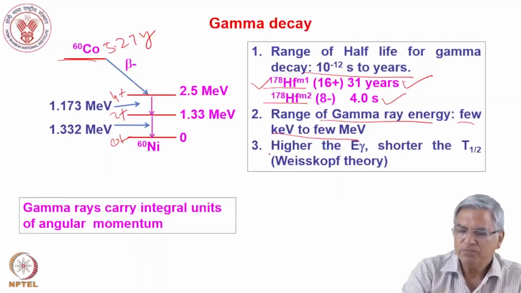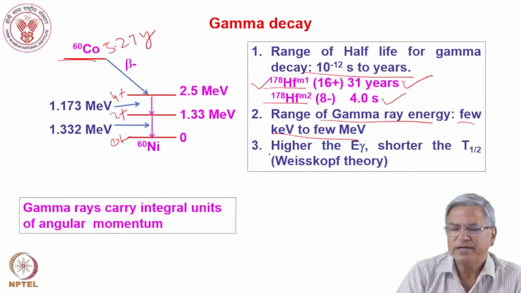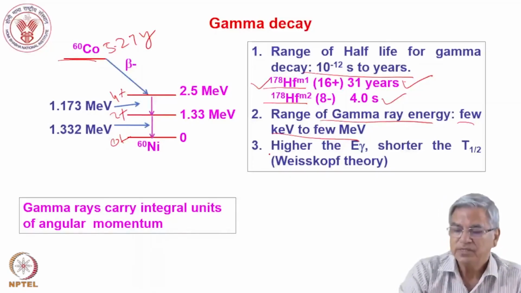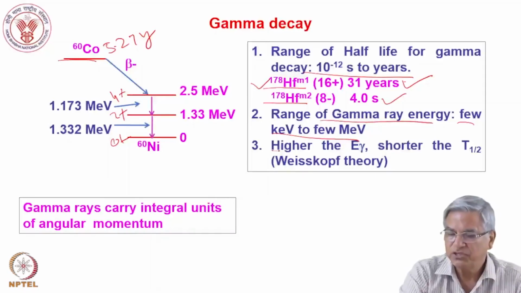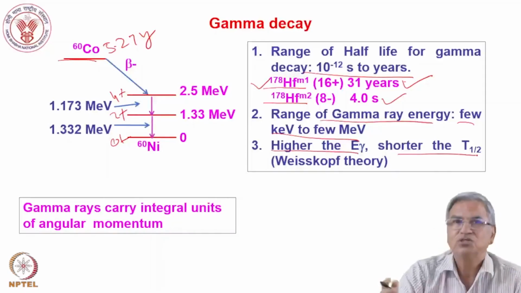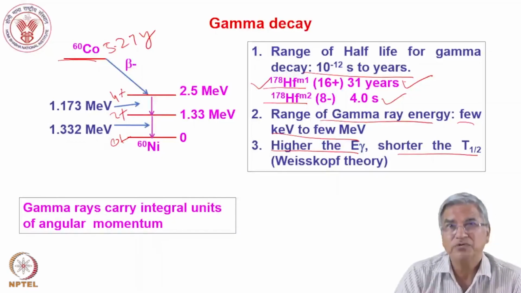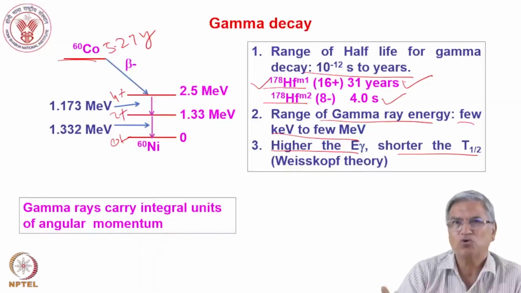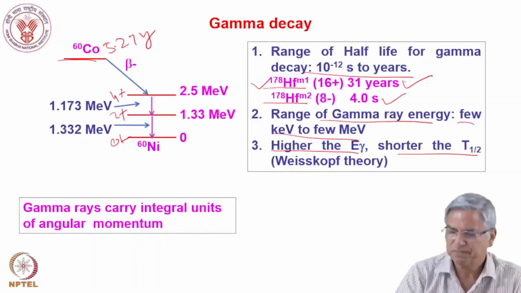And then the probability for decay has been in fact calculated by Weisskopf using Weisskopf theory, that's called the single particle model, according to which if the energy is high, then half-life is short. So that means the higher energy gamma decays are more allowed. In a way you can say that allowedness depends upon energy also, and we will see more of it in the subsequent part of this lecture.